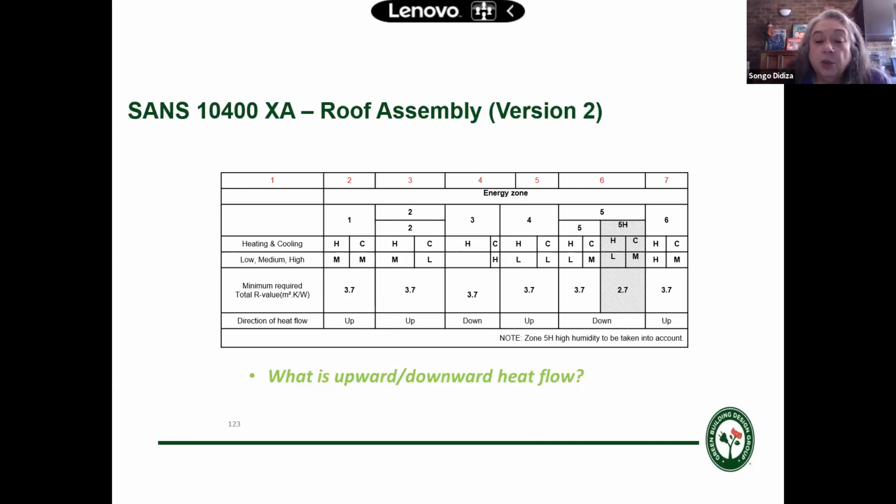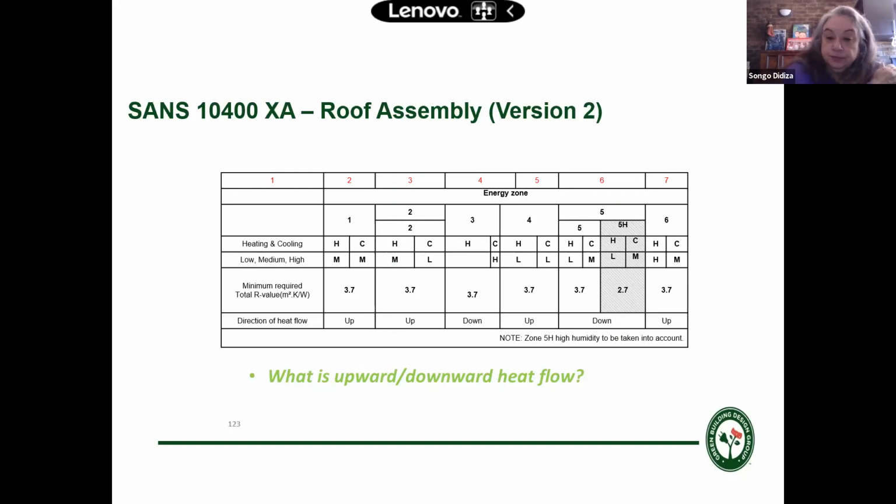So what we want to do is stop the heat from the sun coming in, the heat flow going down into the building. And that's what this up and down thing is. It's there really for the technical guys, the guys that do the software calculations, but just so that you know what that means.